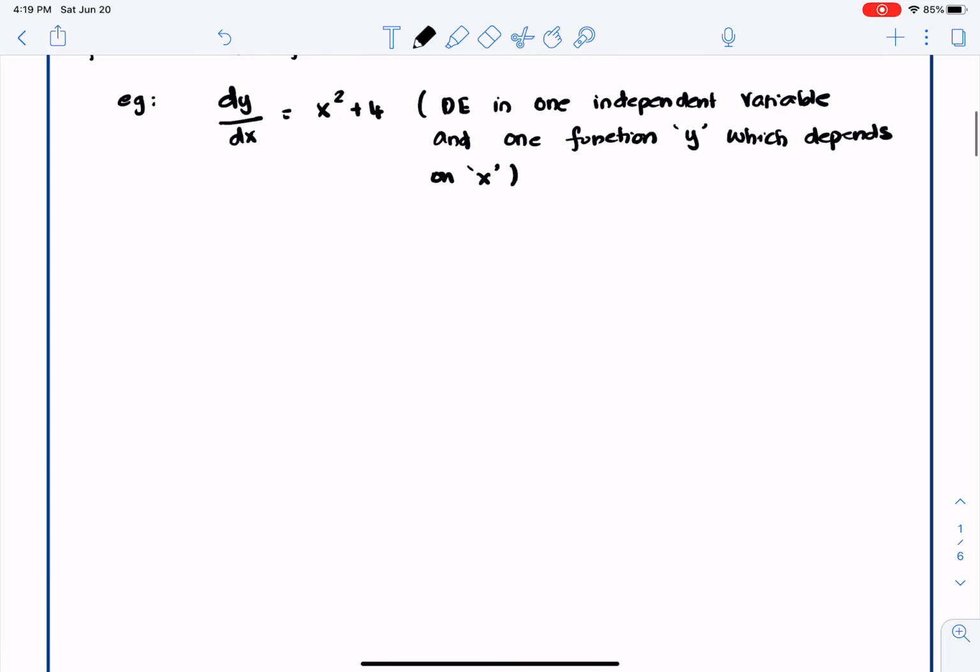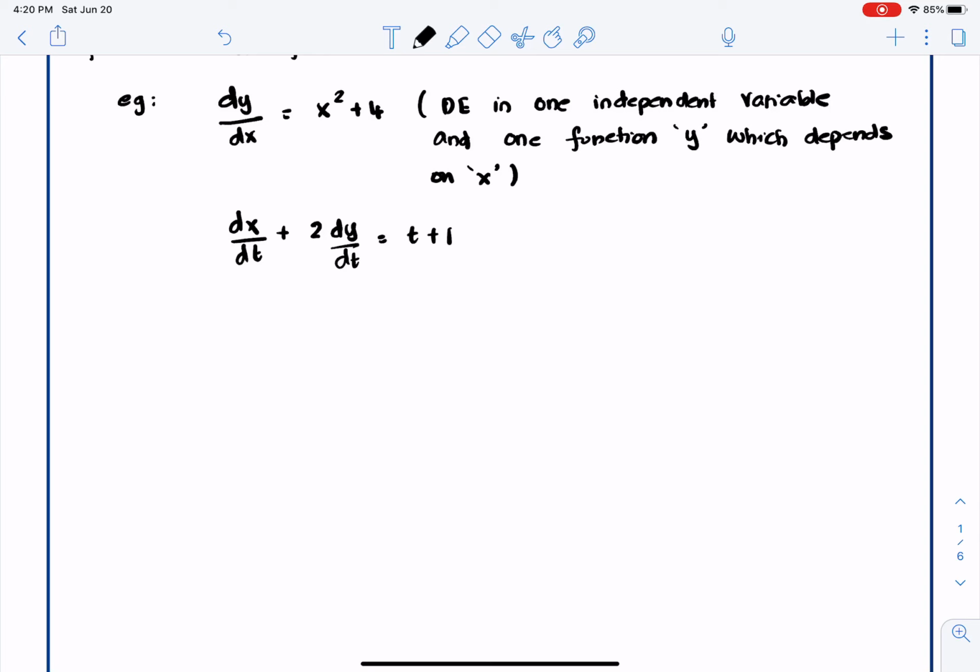We could have a case where we have dx over dt plus 2 times dy over dt equals t plus 1.